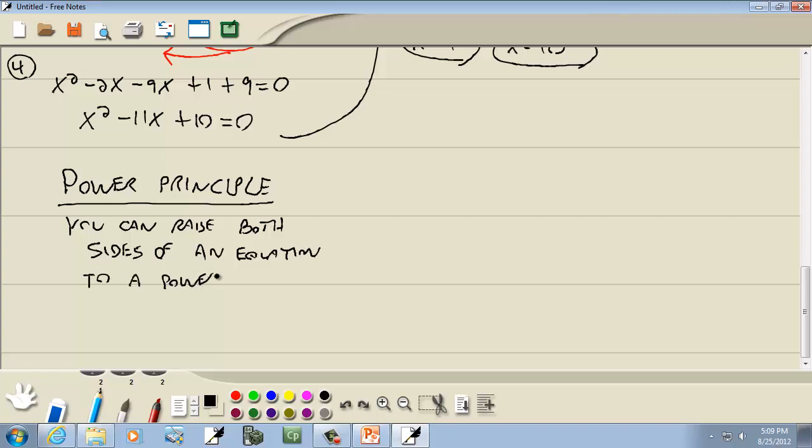Now the power cannot be equal to 0, because if you take both sides to the 0 power, then everything disappears. But you can raise both sides of an equation to a power. Now this is a tool used to help solve equations. I'm going to put another note on here. Be sure to check your answers.